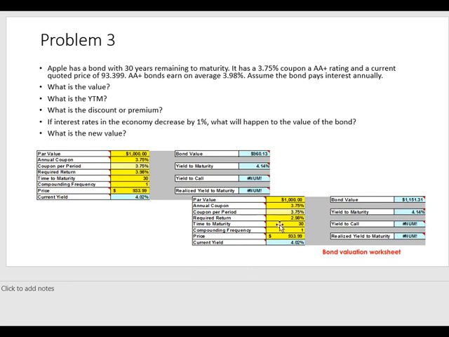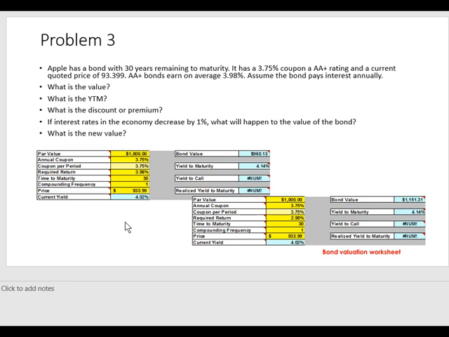So in this example, if you change the required return from 3.98 to 2.98, you'll see that the value of the bond increases, in this case, to $1,151.31. So again, the valuation and the exercises with respect to bonds are actually fairly simple, right?